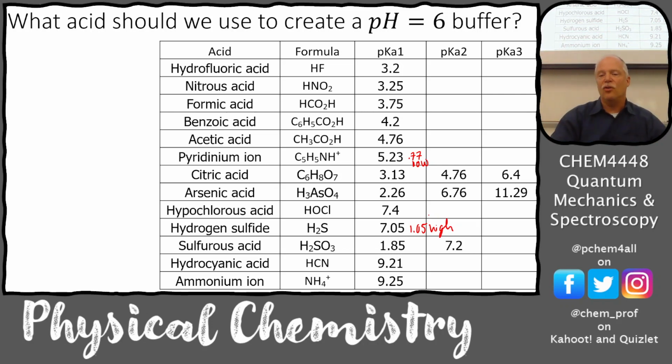It has a great buffering capacity against base, because if you're adding base, the pH is going up. It would have to go through 7.05 and then go to 8 or 8.5 before it started jumping up. So you could do it, but it would be weak on the acid side because we're below it quite a bit. What else?